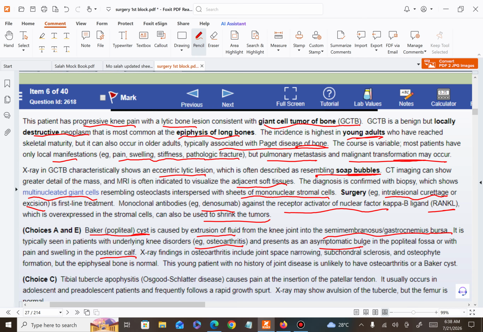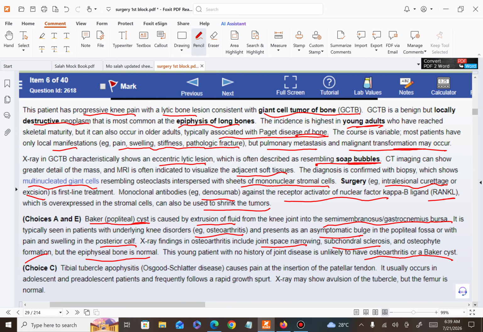X-ray findings of osteoarthritis include joint space narrowing, subchondral sclerosis, and osteophyte formation, but the epiphyseal bone is normal. A young patient with no history of joint disease is unlikely to have osteoarthritis or Baker cyst.